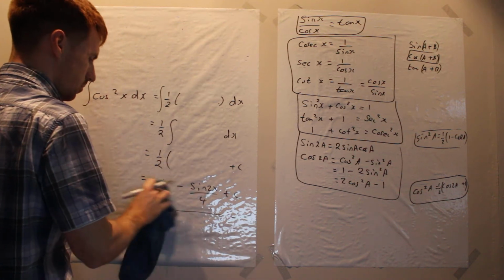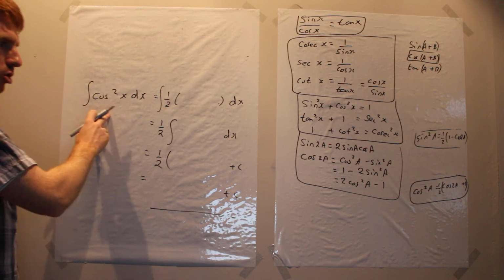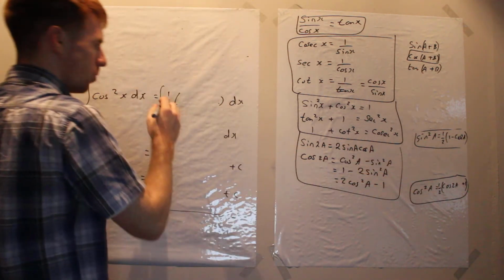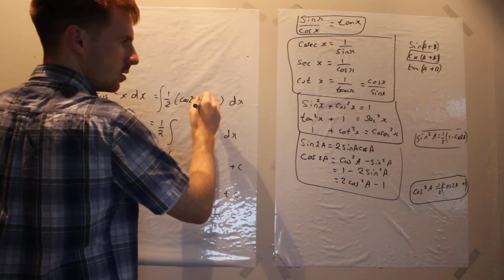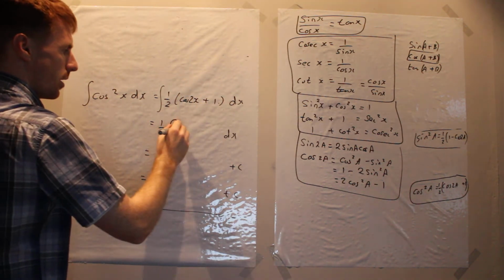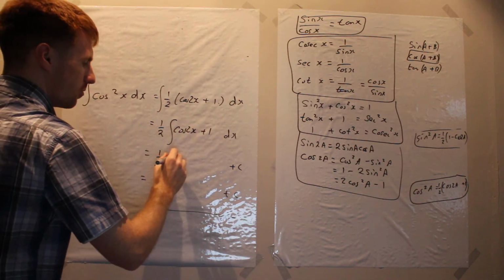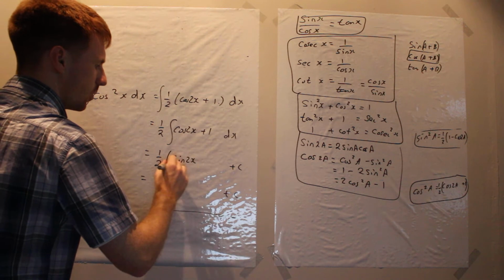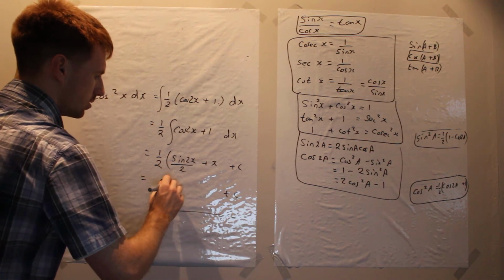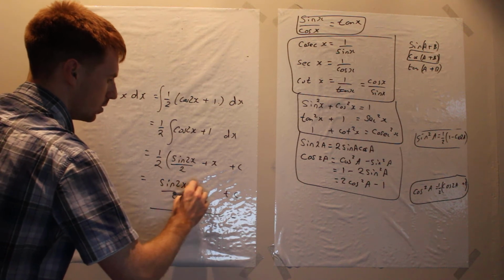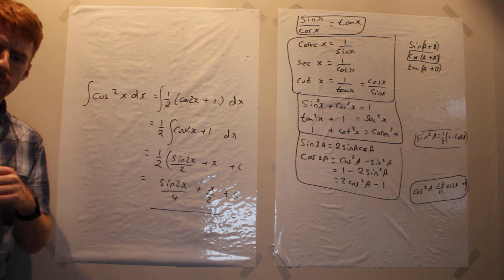But the process of it is going to be pretty much identical. Cos squared of x, we worked out before, was a half of cos 2x plus 1. So now again, take the half out, cos 2x plus 1, which means the integral of this one is going to be sine 2x over 2 plus x. So I'm looking at sine 2x over 4 plus x over 2 plus c.